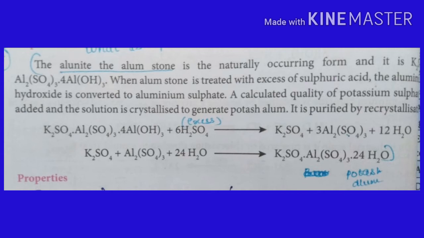To this aluminum sulfate, you have to add a calculated quantity of potassium sulfate. It is recrystallized and forms potash alum, K2SO4.Al2(SO4)3.24H2O. For further purification, you have to recrystallize. This is the preparation of potash alum.